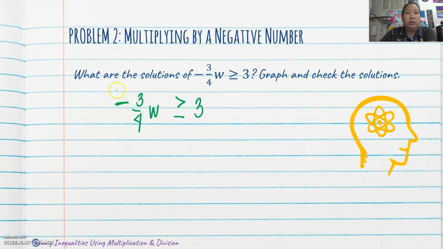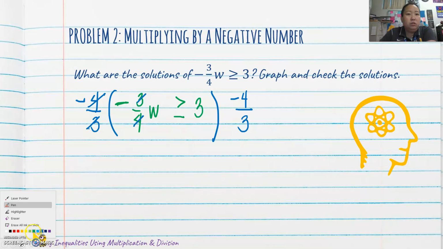In this case, we will be multiplying it by negative 4 over 3, so that we can cancel the numerator and denominator. On the right side, we have to multiply by negative 4 over 3.